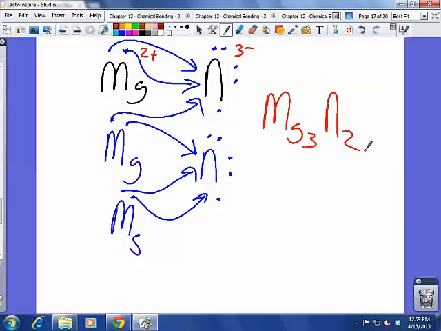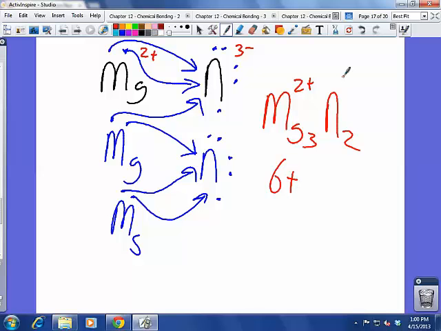But if I look around at all your papers, it's going to look like a mess, isn't it? Luckily, there's a shortcut. There's an easier way to do this. Because if I look here, each of these magnesium atoms had a +2, so the total positive charge was 6.